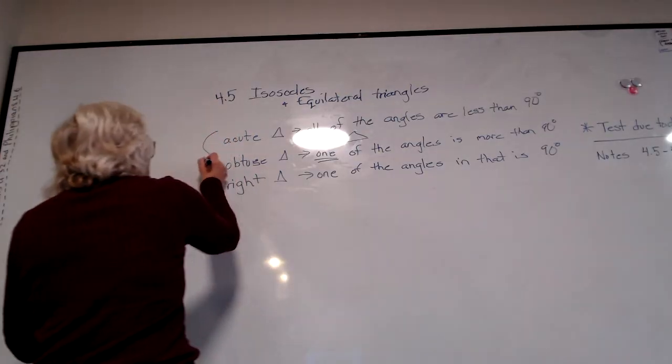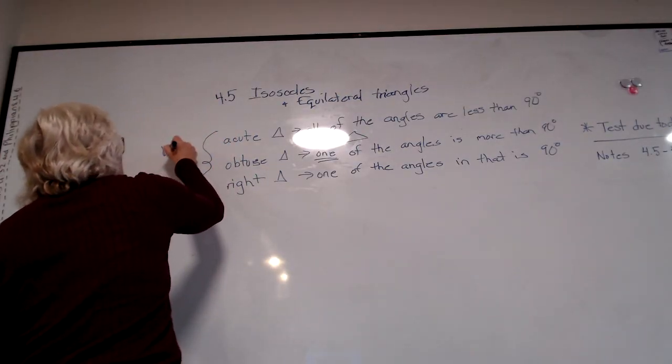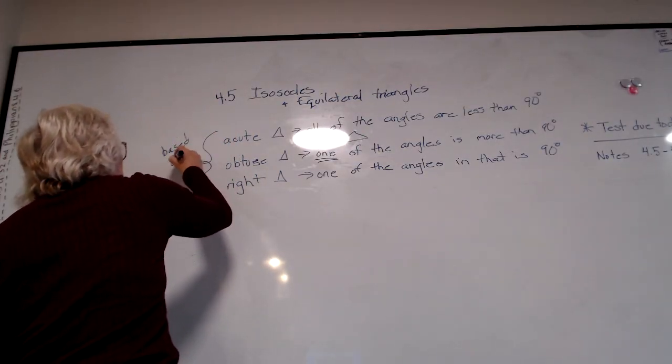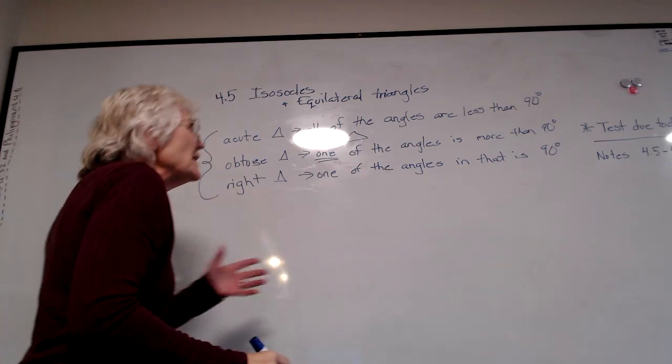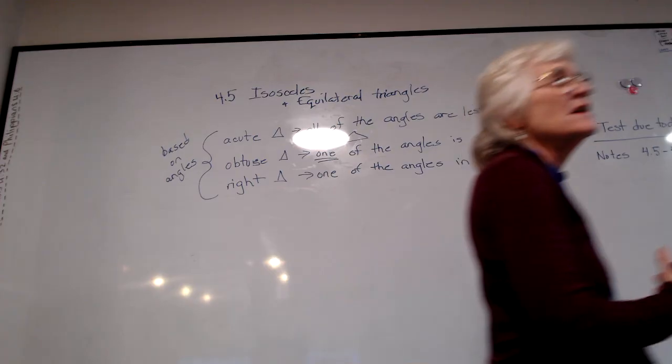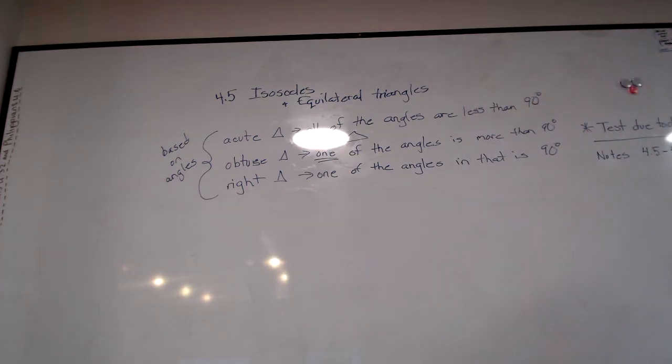So this is how we classify. We can call a triangle something based on the angles. We can say it's an obtuse. You know that there has to be one more than 90 degrees in that. So if I tell you I have an obtuse triangle, you know one of the angles has to be more than 90 degrees.